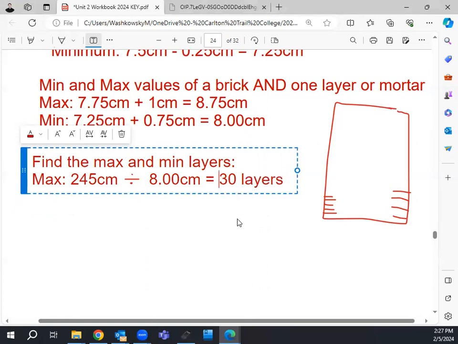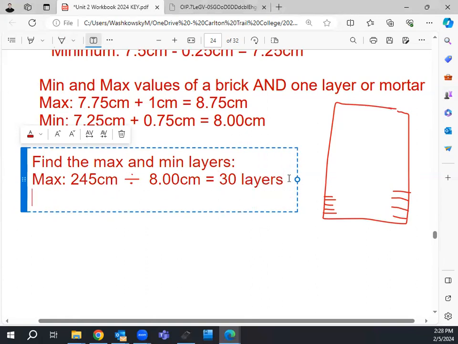But what about if I want to use the shortest wall? Because I'm allowed to build it that short, right? So what if I want to use the shortest wall and I want to divide that by the biggest amount of layers I can use?